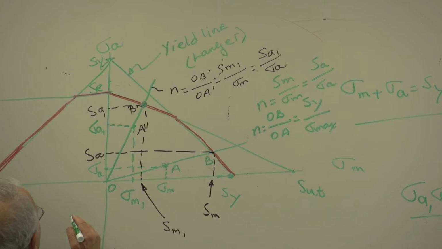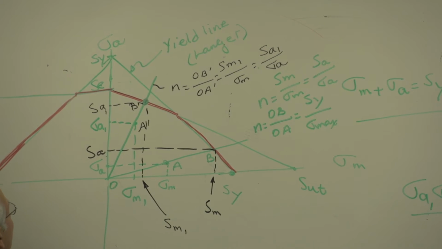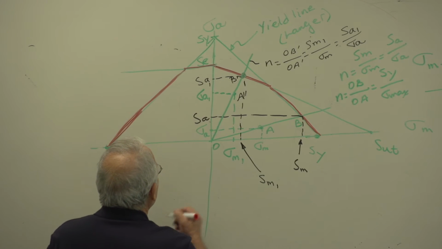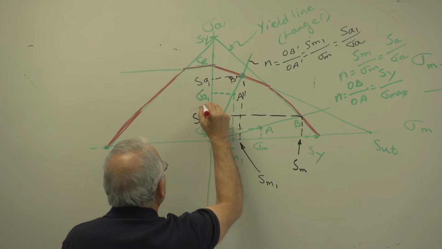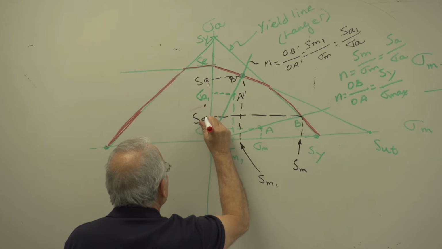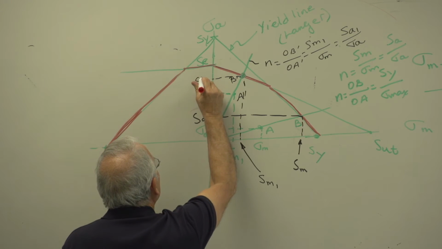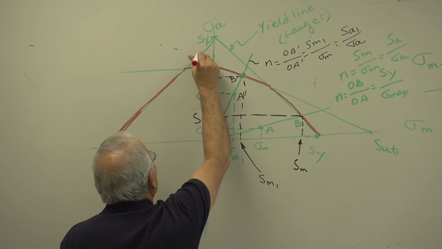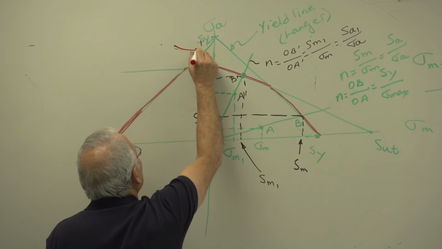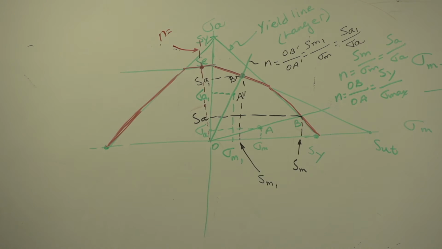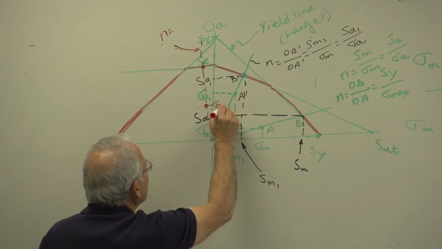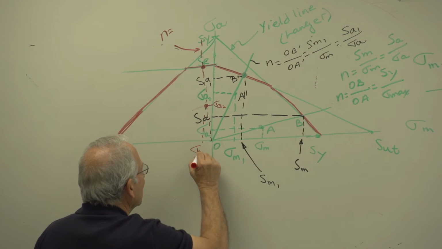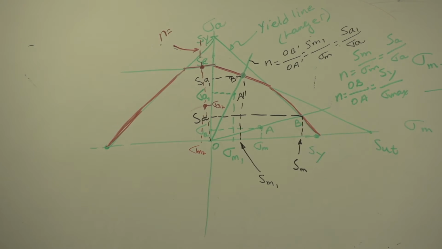Point plots here. This is getting crowded. So here's my load line, this time in red. What's the factor of safety here? My point has plotted here, so I have a sigma A2 and a sigma M2. What's the factor of safety?